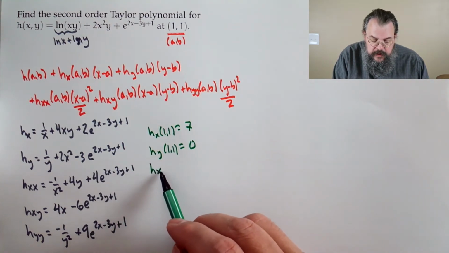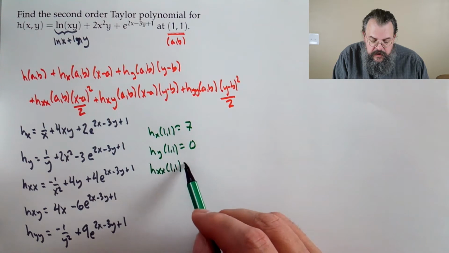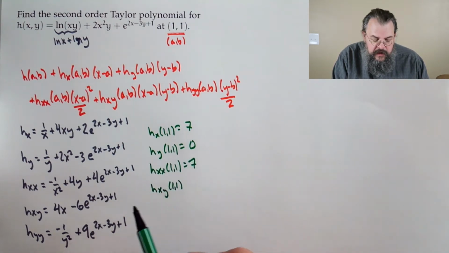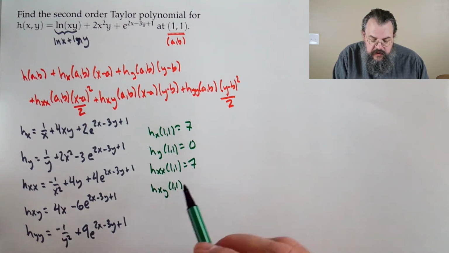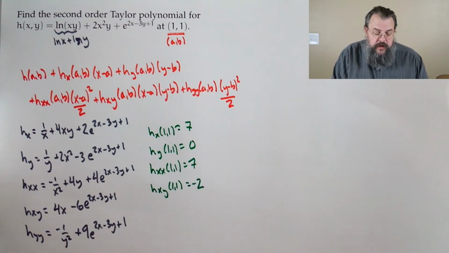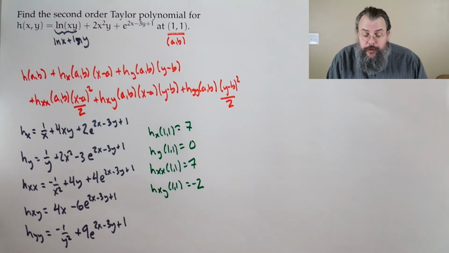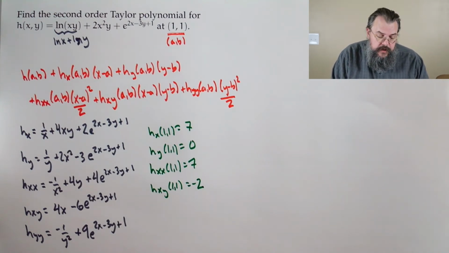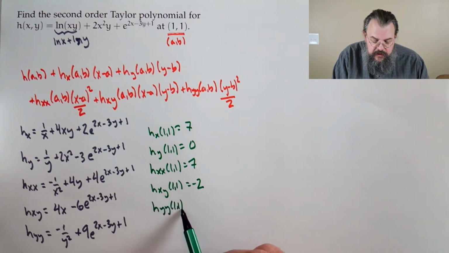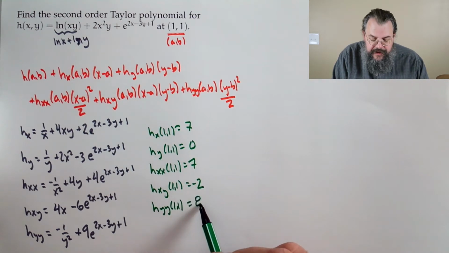All right, great. h_xy, 4 minus 6, negative 2. All right, and h_yy, well, minus 1 plus 9, 8. Now, anything else? Yes, what are we missing?